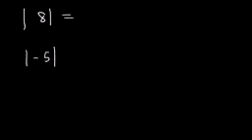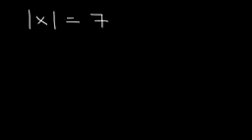Now let's talk about absolute value. What is the absolute value of 8 and negative 5? The absolute value will always produce a positive output, besides 0. So the absolute value of 8 is 8. The absolute value of negative 5 is 5. Now let's say you wanted to solve this equation: the absolute value of x is equal to 7. What is the value of x?